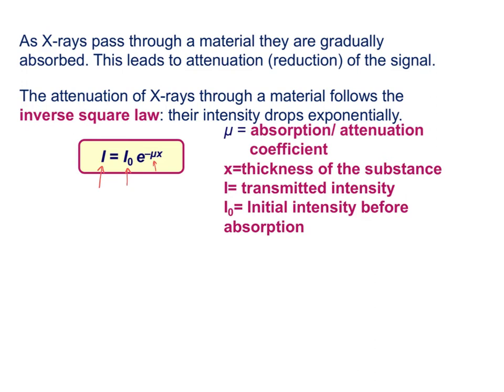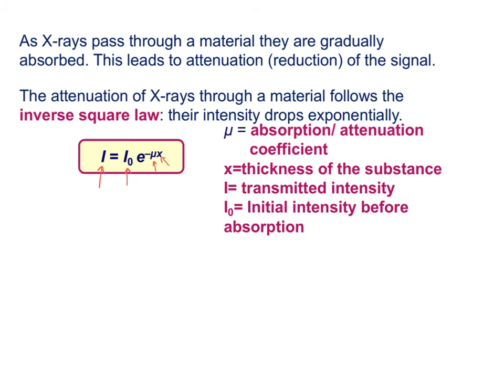It means the same thing. And x stands for the thickness of the substance. So for a specific material or a tissue in the body, mu will be different. So bones will have a different attenuation coefficient than, for example, muscle. And x is the thickness of that specific tissue in our bodies.